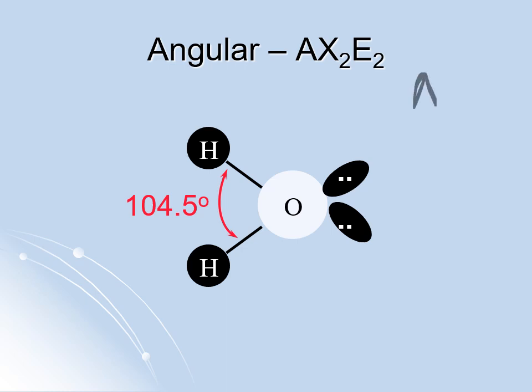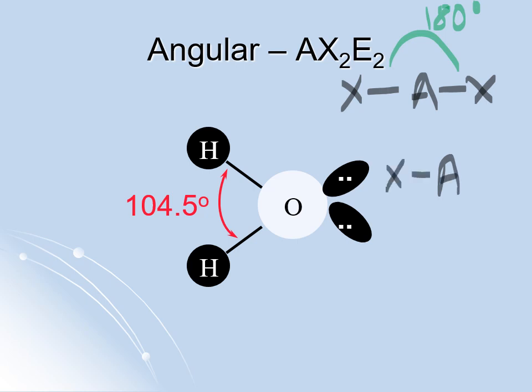So when we looked at our linear one, AX2, we knew the angle was going to be 180 degrees because it's a straight line. If we had A with a lone pair, X2, it brought that angle down to a smaller, let's get this in green, 120 degrees.